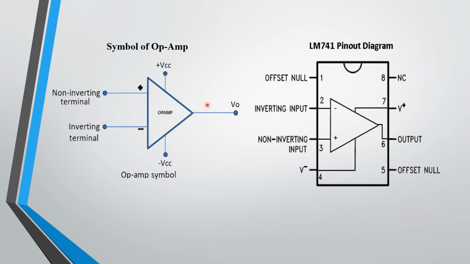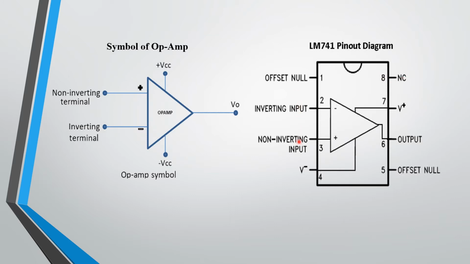In case of symbol, you have to show non-inverting input terminal with positive sign, inverting input terminal with negative sign, plus VCC, minus VCC, and output voltage. Now in case of pinout diagram, pin number 1, 2, 3, 4, 5, 6, 7, 8. Out of 8 pins, pin number 8 is not connected anywhere.